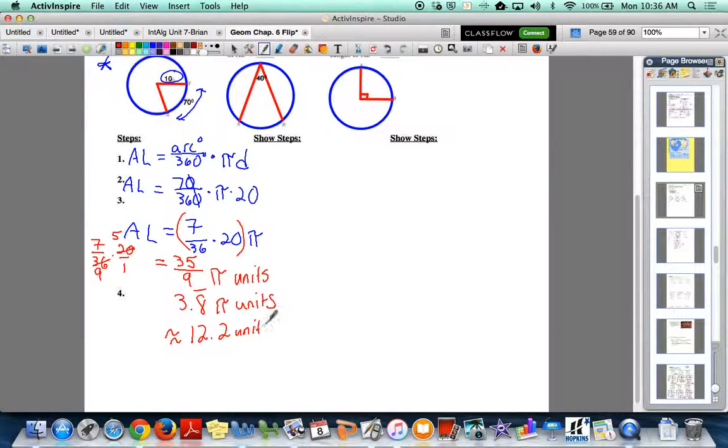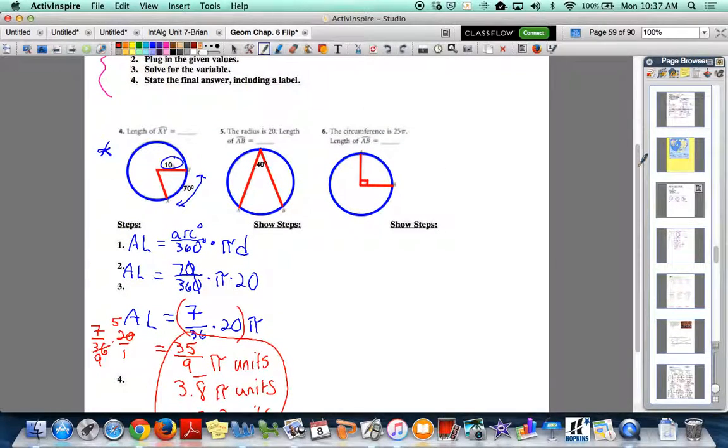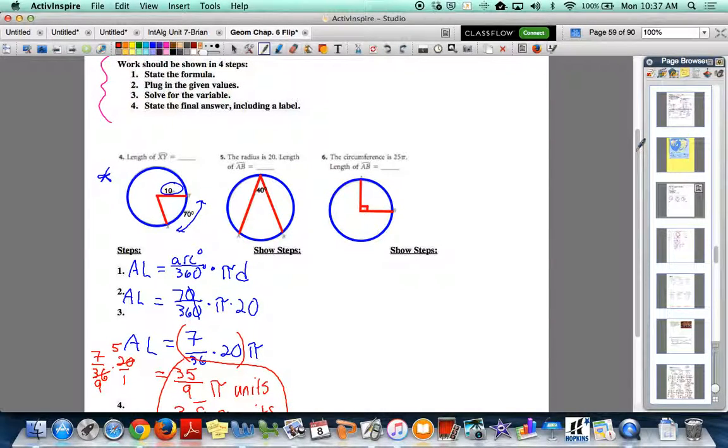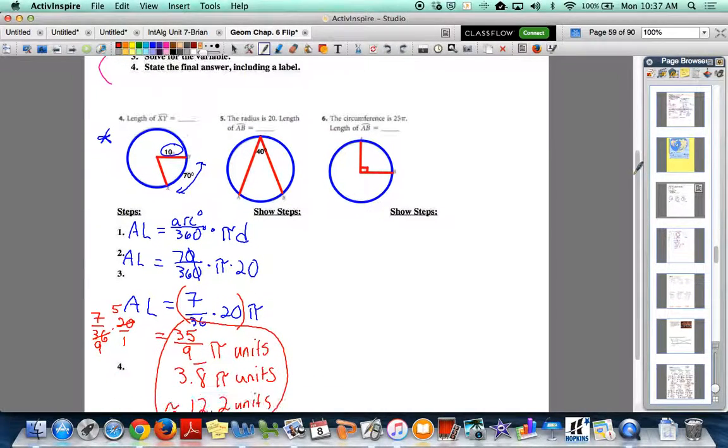So I'm going to give you guys 3 answers on this one that are all the same or relatively the same, because we've got our exact answer up top here, which is leaving your answer in terms of pi, and that's about 12.2 units. So this arc length up here is about 12.2 units. In this case, I'm not giving you centimeters or inches. We're just going to leave that as units.